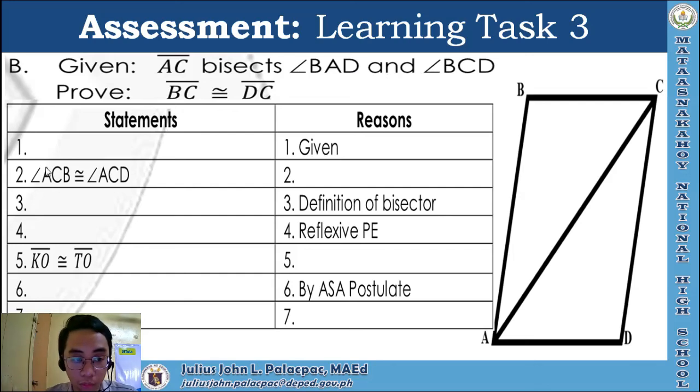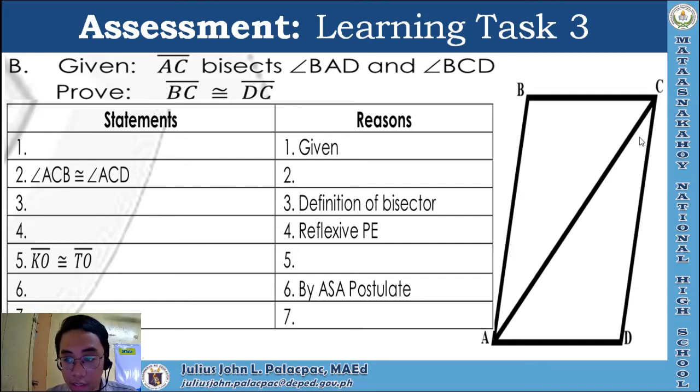So number 2, angle ACB is congruent to angle ACD by definition of angle bisector. And then we can also say that angle BAC is congruent to angle CAD by definition of bisector again.